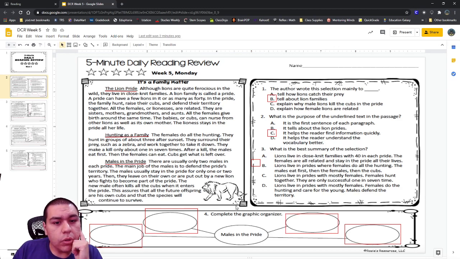So who can tell me what answer choice you think is the best one? Question: What is the best summary? Did I pick A, B, C, or D? Who can tell me what they picked? A, B, C, or D?